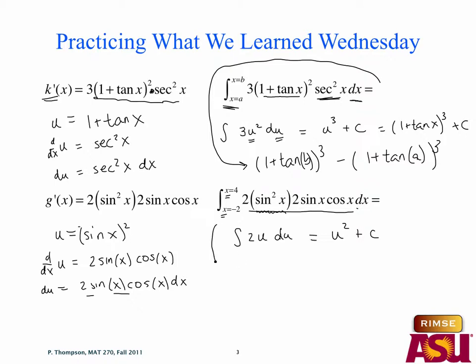This thing is going to be equal to sine of x squared, but then it's u squared. So we're squaring a square, so it's to the 4th power, right? And we're going to evaluate that from x equals -2 to x equals 4. And so that's exactly what we talked about before, where we're looking at the total accumulation up to 4 and subtracting off the total accumulation up to -2. Okay?